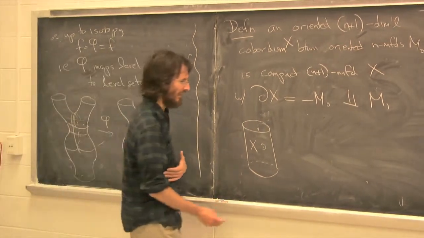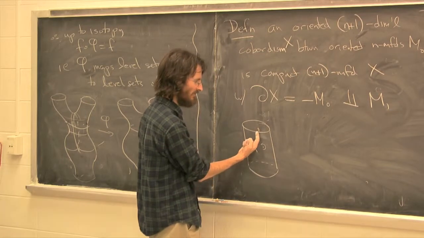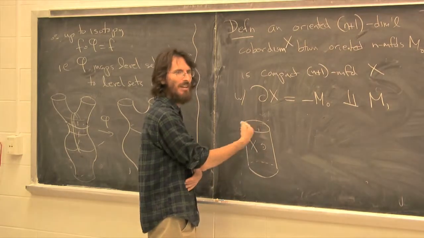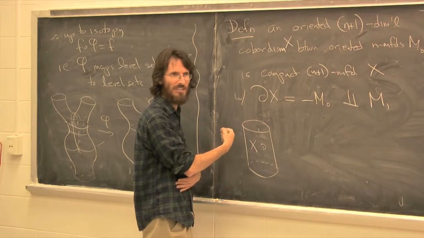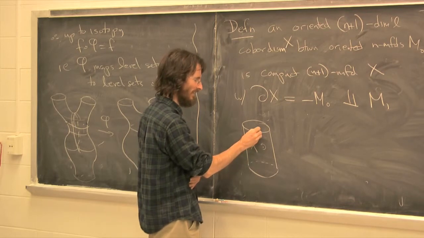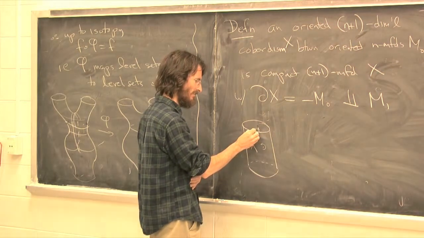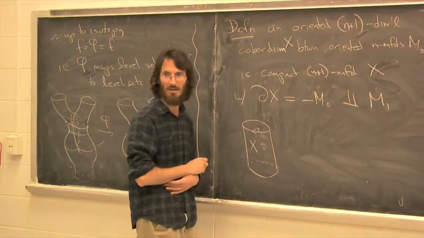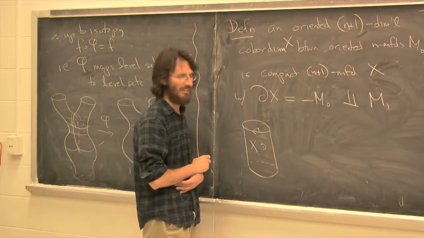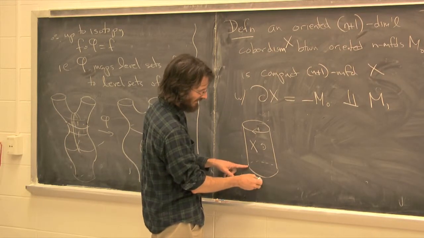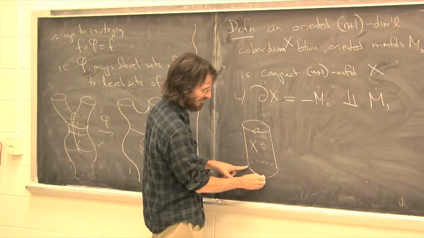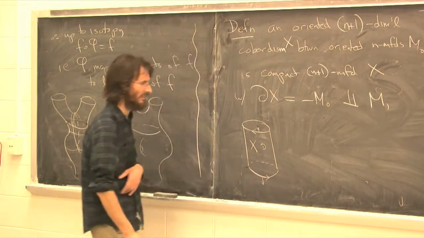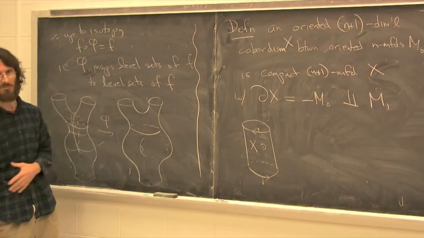So if I want an orientation on the boundary, I take an outward normal as the first vector and find whatever basis I need to complete that to an oriented basis. So that would mean this is the proper orientation of that boundary component. Okay? And then down here, that's the orientation of that boundary component. Okay, and notice they have opposite orientations.